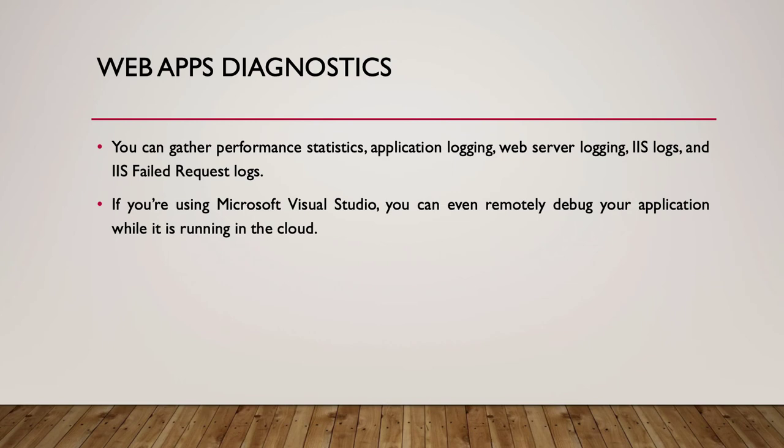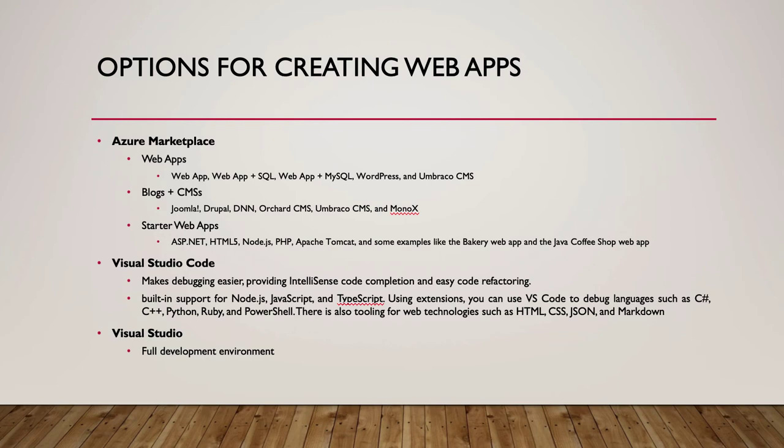So now that you understand web apps, let's see what the options are for creating web apps. There are multiple options for creating a web app and deploying the content to app service. Let's look at a few of those, including these. Azure Marketplace.